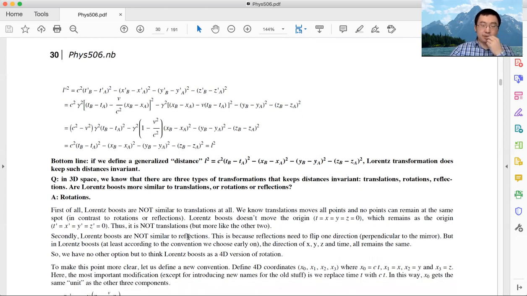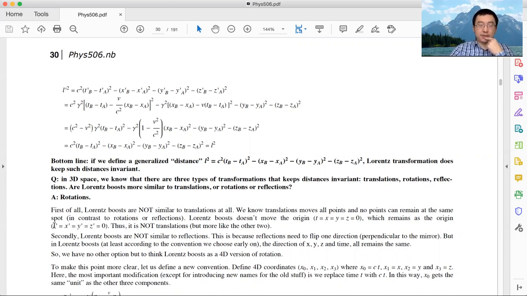First of all, it's easy to realize Lorentz boost is not similar to translation at all. One key property of translation is that if you do a translation, every single point in your space needs to change. There is no point that remains at the same position. Every point is translated. But the Lorentz boost does not have that property.